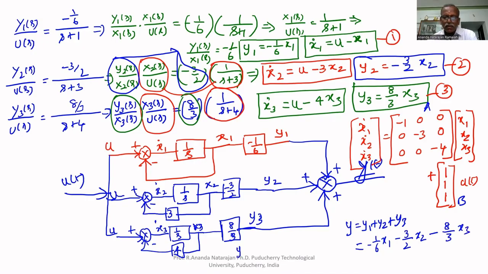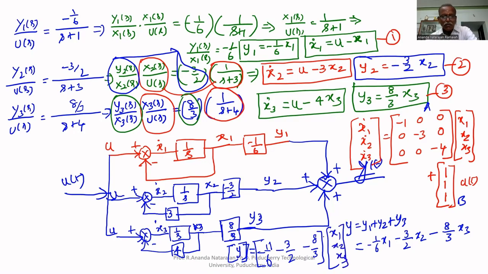This can be written in the matrix form like this: equal to minus 1 by 6, minus 3 by 2, minus 8 by 3, multiplied by x1, x2, x3.